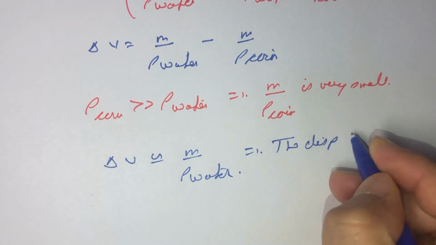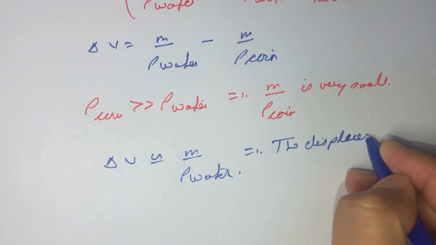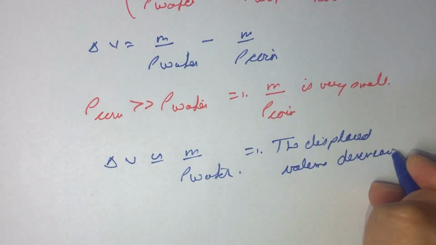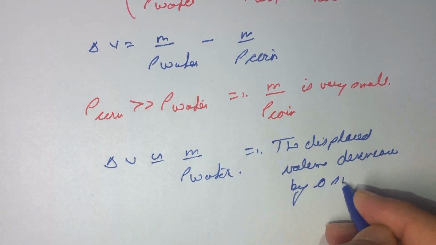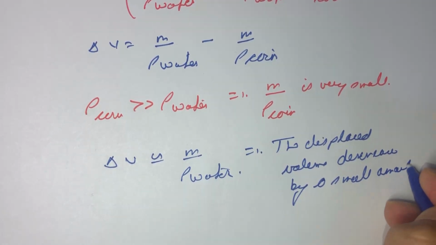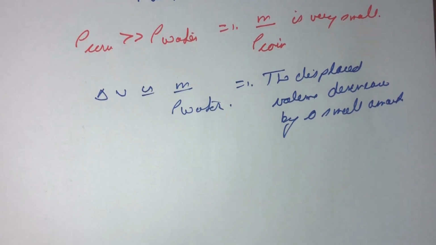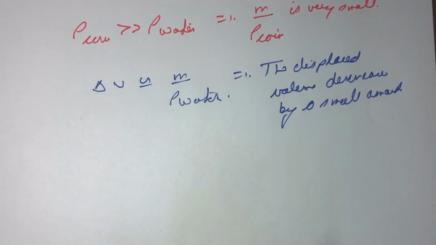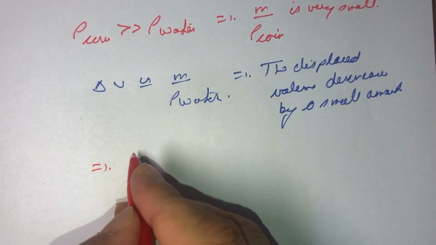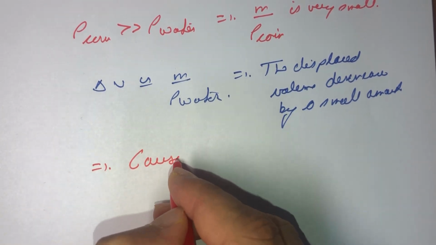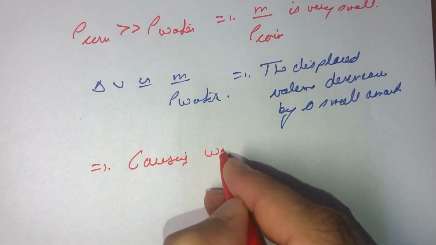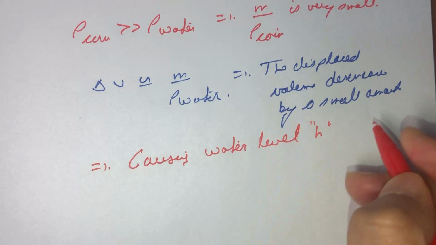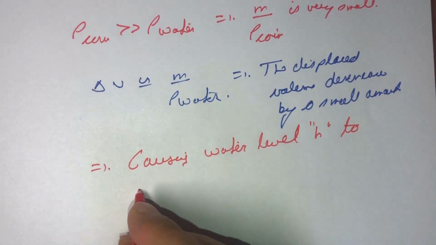The displaced volume decreases by a small amount. So therefore it leads to a slight decrease in the value of H, causing the water level, which is represented as H, to decrease slightly.